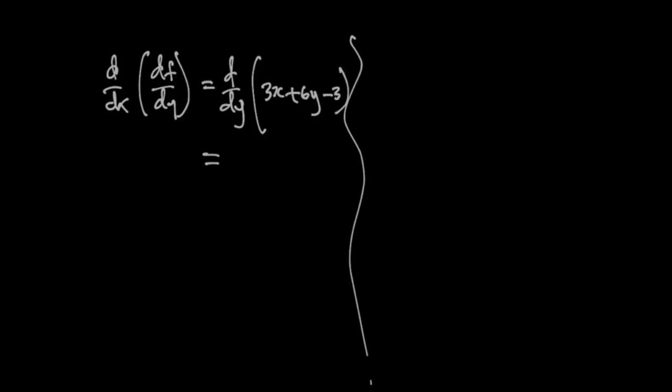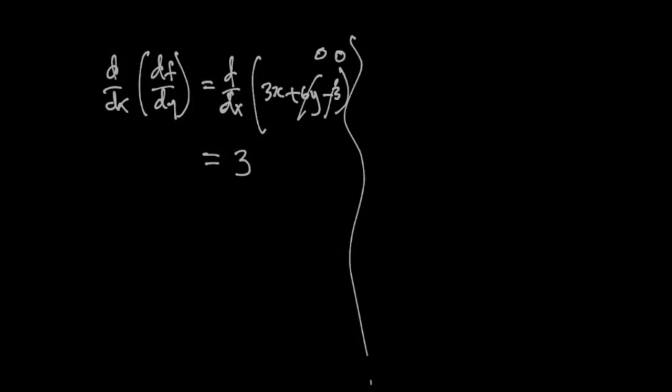Differentiating with respect to x, all the rest is constant, so they will tend to 0. So we have 3 here.